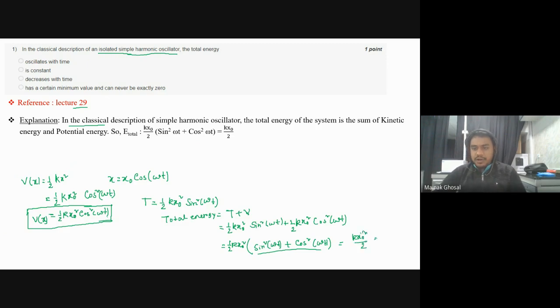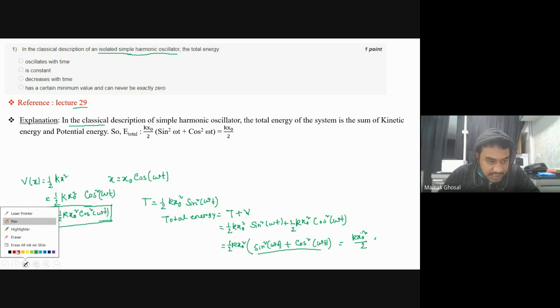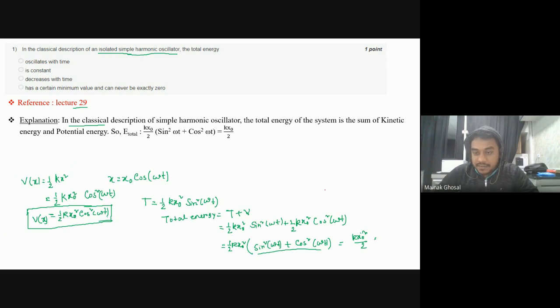So there will be no t term here. I'm writing it freshly: the total energy of the system, if you consider the simple harmonic oscillator in the classical case, is equal to k x0 squared by 2, right? You can see there is no t term in this total energy, which means there is no dependence on time.